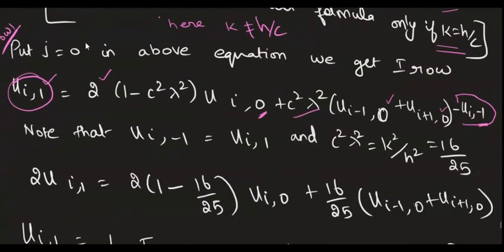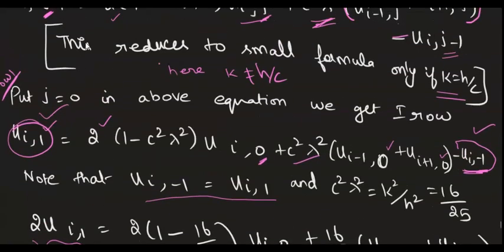So this term and this term are the same, and if I push this term to the other side, it becomes 2 into u i comma 1. That is what I have written here. And c square lambda square is nothing but k square by h square. And what is h? Already they have given it.